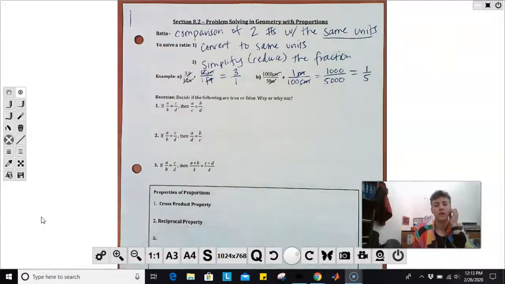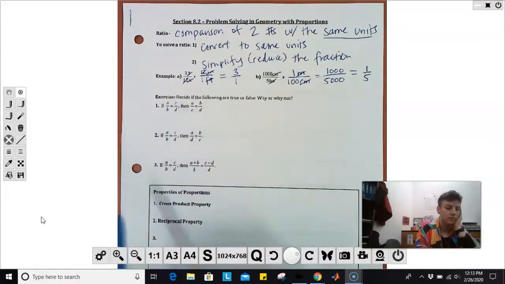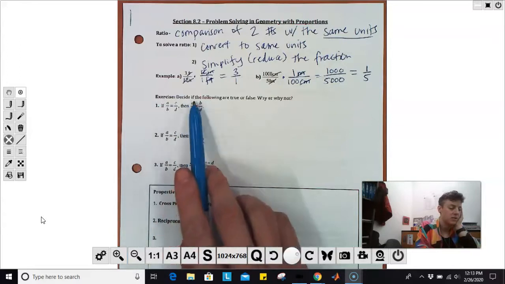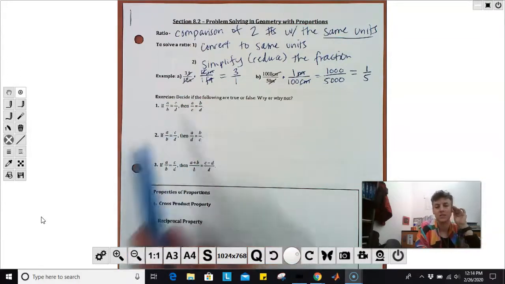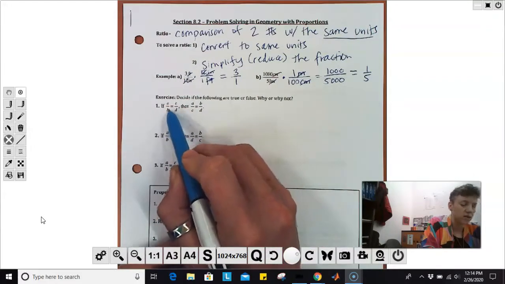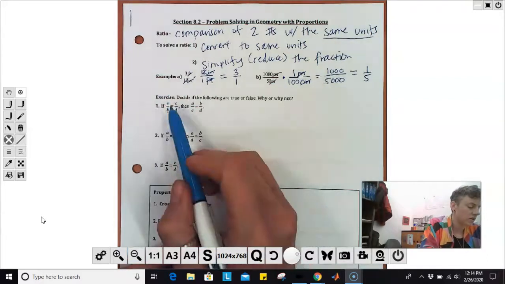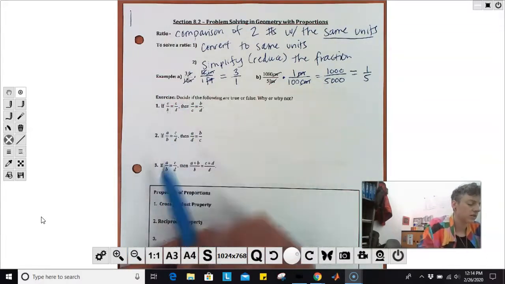Cool. All right, let's decide whether these statements are true or false. If A over B equals C over D, then A over C equals B over D. What did we do? We switched the middle numbers here. We switched the means. Well, let's try our cross product of the first one.